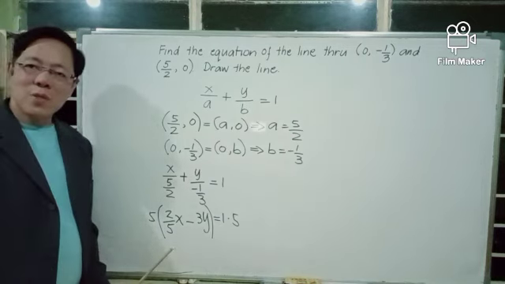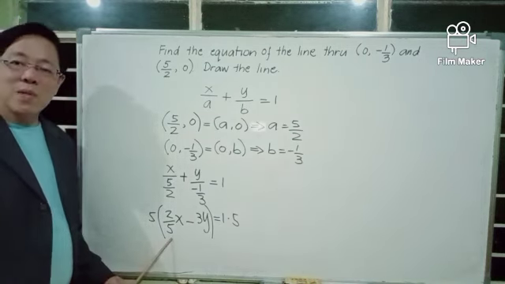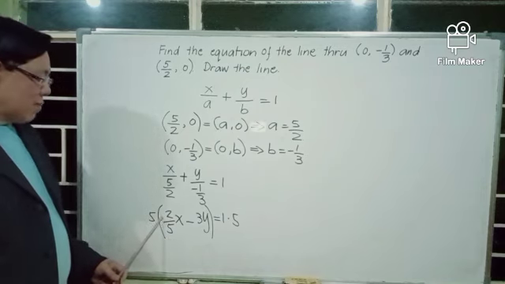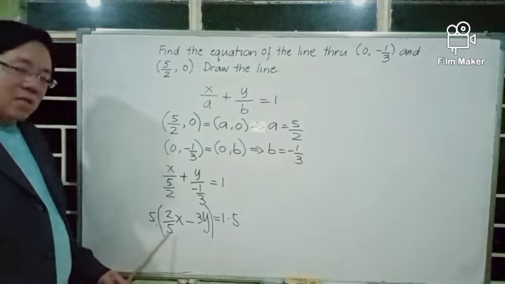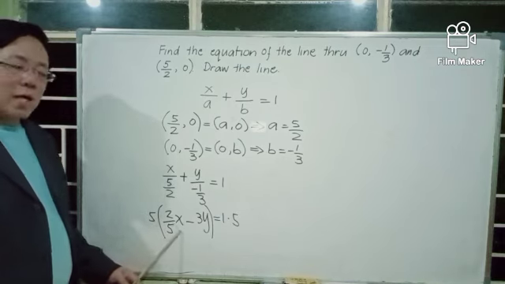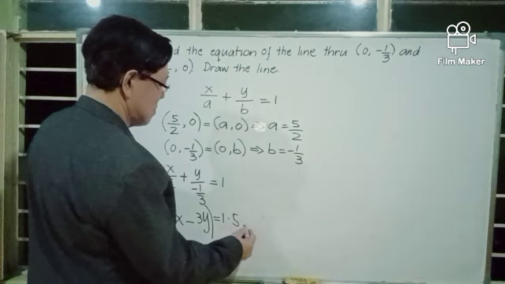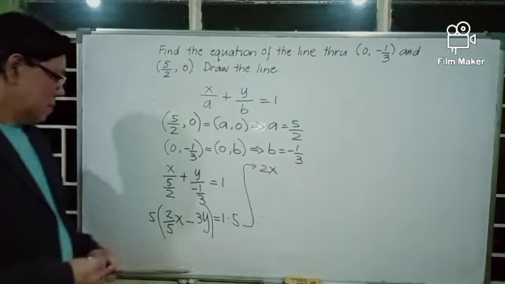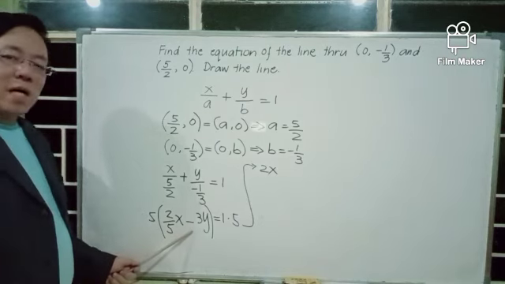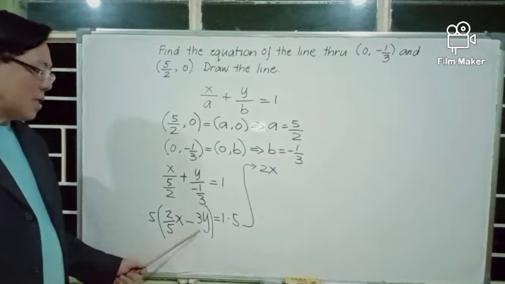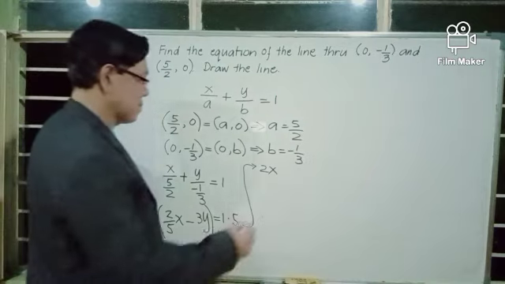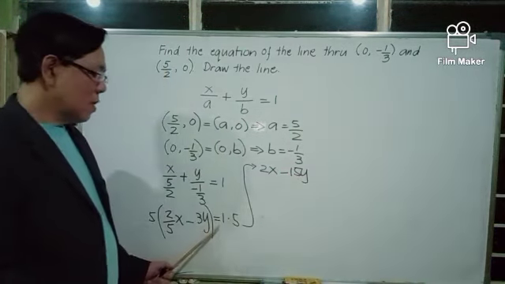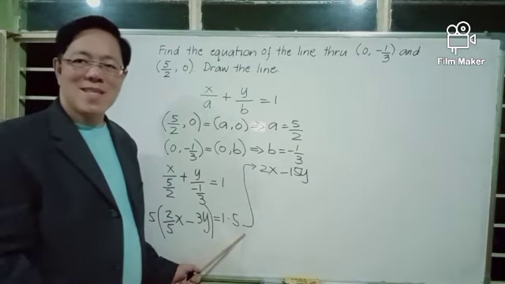And we do that because we want to eliminate 5 in the denominator. 5 multiplied by 2 over 5, the 5 will cancel out, and you get 2x. 5 multiplied by negative 3 is negative 15y. Equals 1 multiplied by 5 is 5.